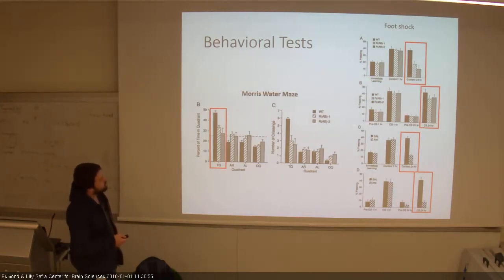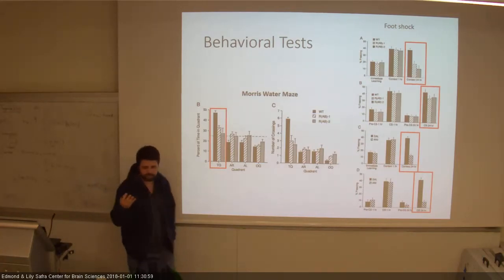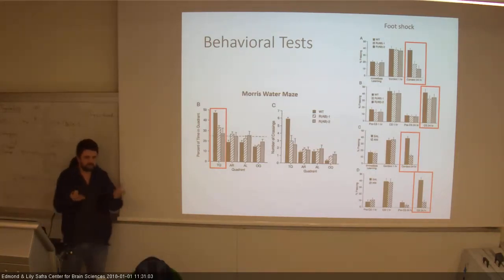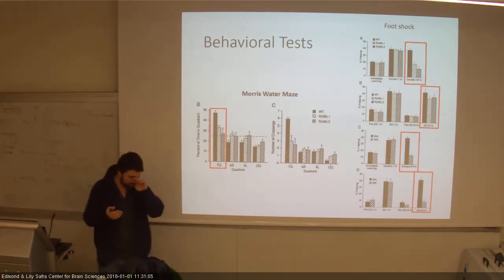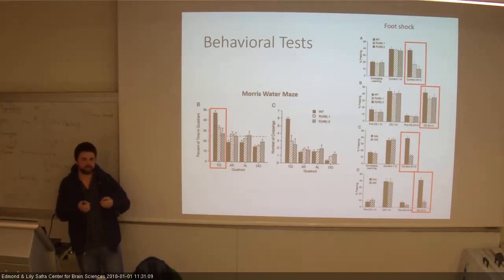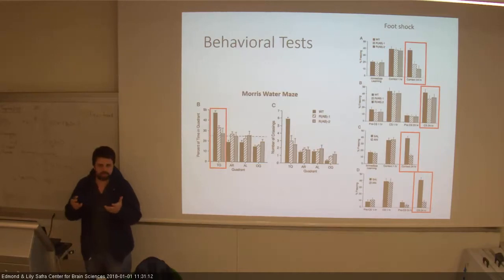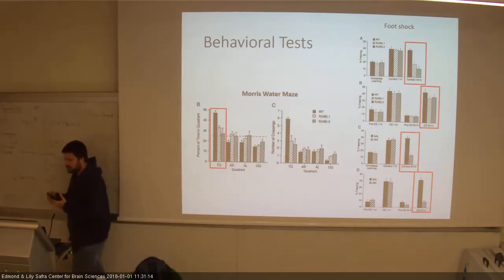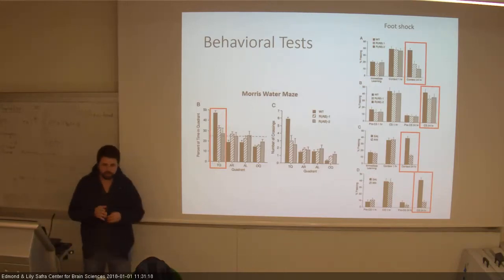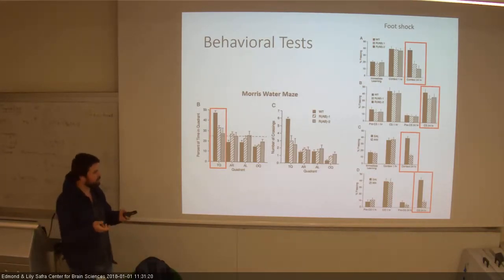Then what they did is they wanted to show whether the effect is specific to the hippocampus or something general, because you can always claim, and I always say in biology, it's very easy to ruin something. Biology evolved through millions of years of evolution, and if you tamper with something, you will probably ruin it.